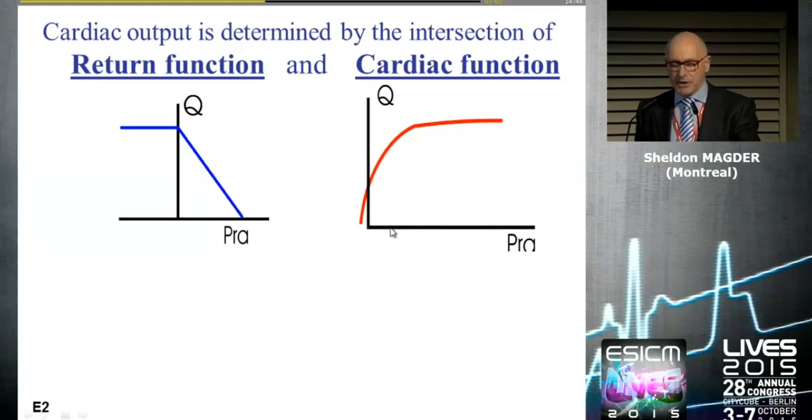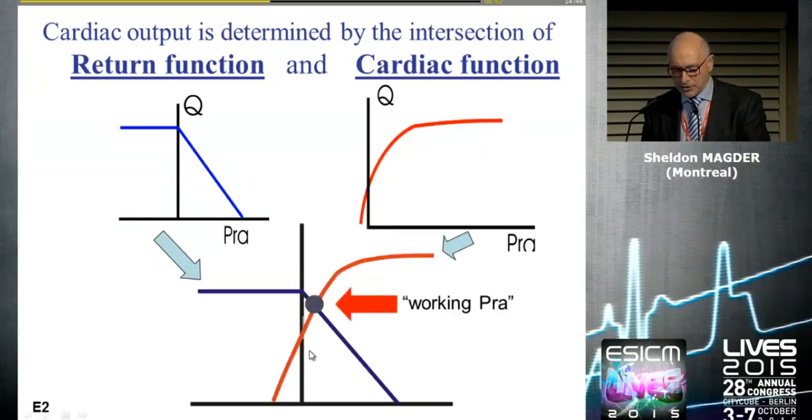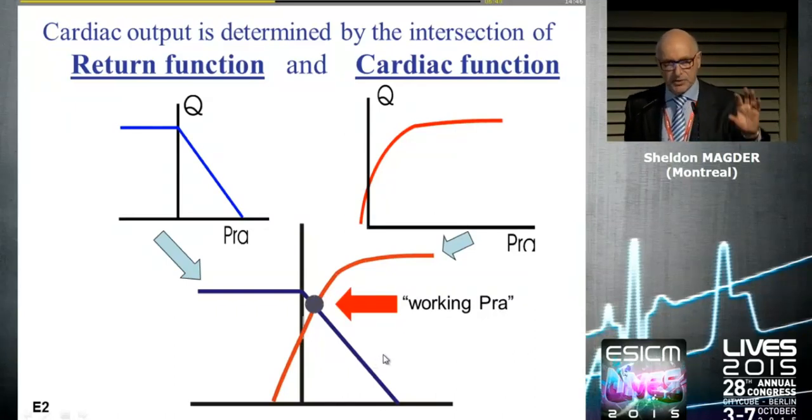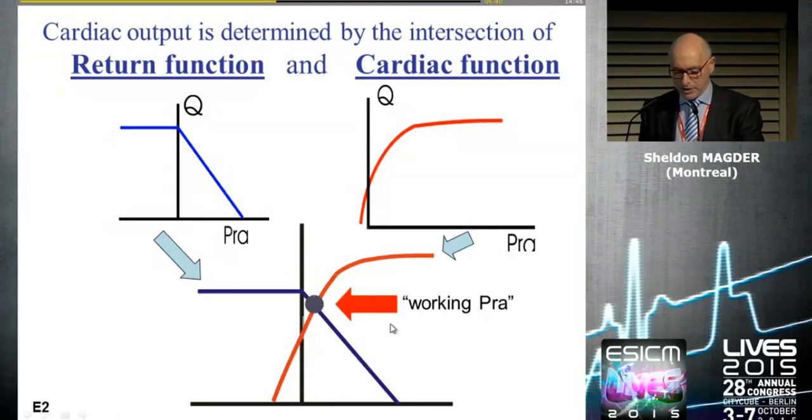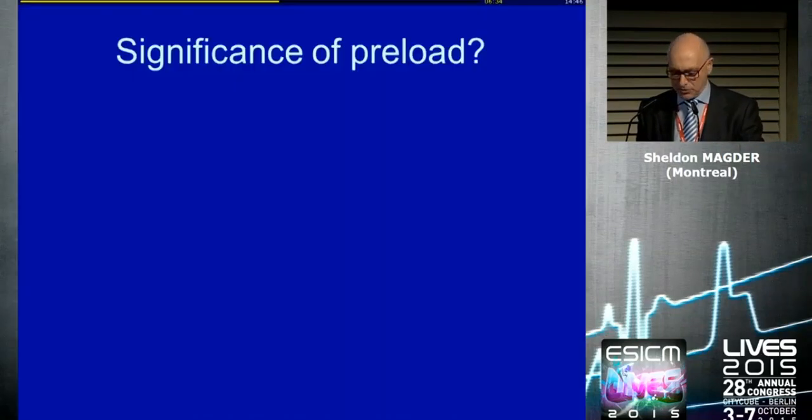And the beauty of this is, as Guyton showed us, you can now use a graphical analysis to solve these two mathematical functions, a return function and a cardiac function, and you get an intersection point, which is the CVP, the right atrial pressure. I'm going to use them equivalently because there's really trivial resistance from the big veins to the right heart. So that's what's actually determining it. So it is the preload, but it's being determined by the actions of these two functions.